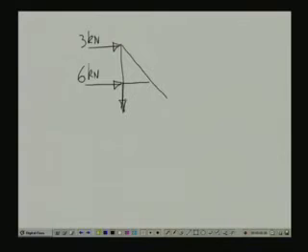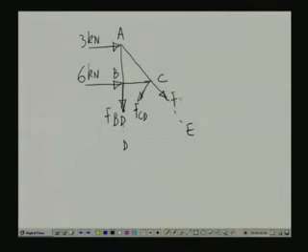This is a member force, let us call that FBD, because this is A, this is B, this is C, and this point we have called D, and this point we have called Z. So this is FBD, we have a member in this direction which is FCD, and we have force FCE.